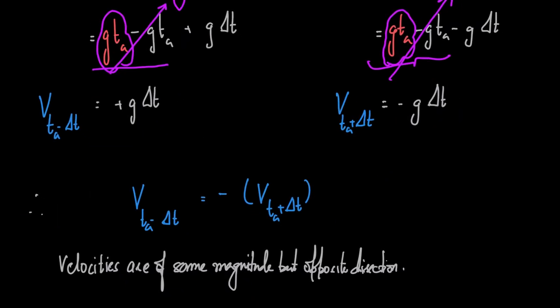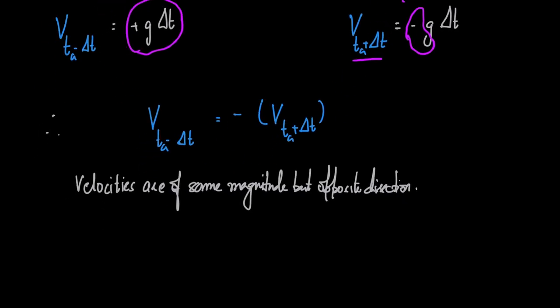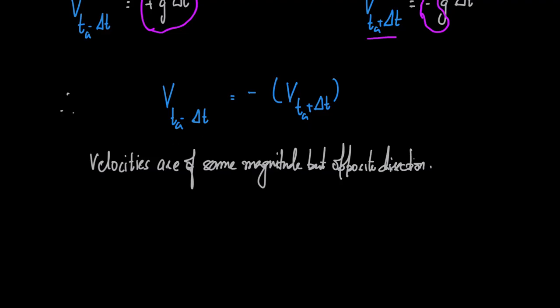Which means we have v at TA minus delta T is equal to plus g delta T, and v at TA plus delta T is equal to minus g delta T. What is the inference? The inference is v at TA minus delta T is equal to minus v at TA plus delta T. That is, velocities are of the same magnitude but opposite direction.